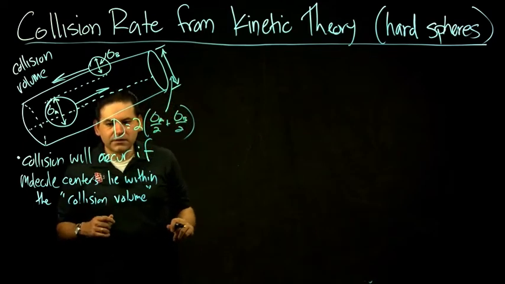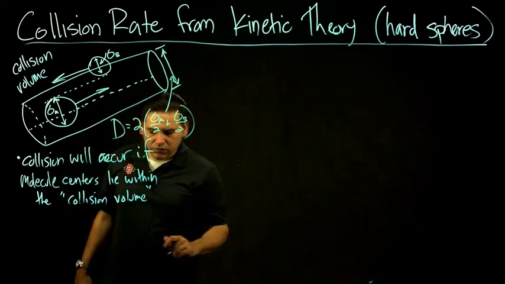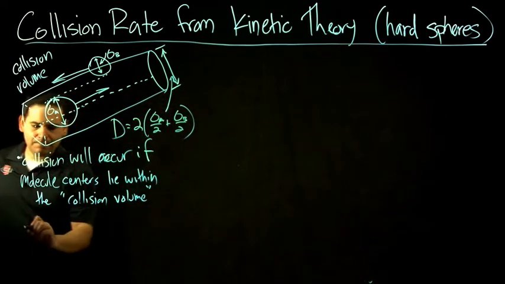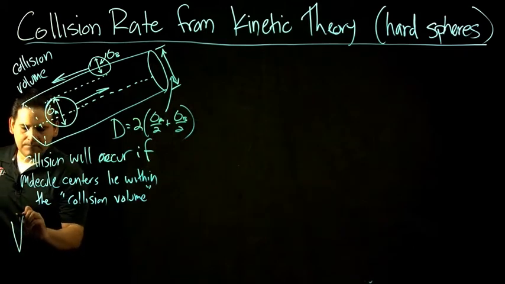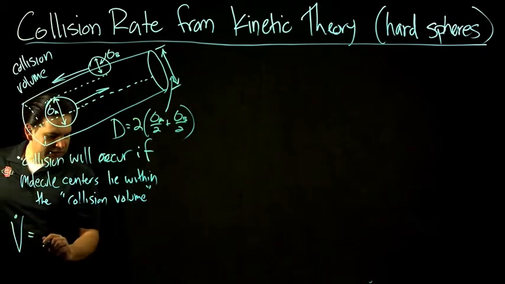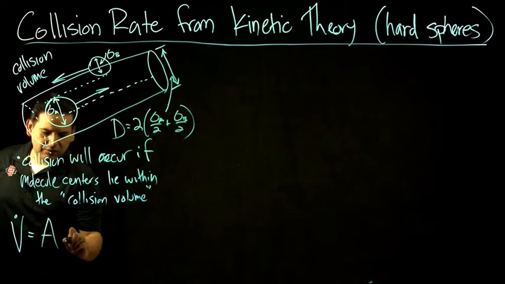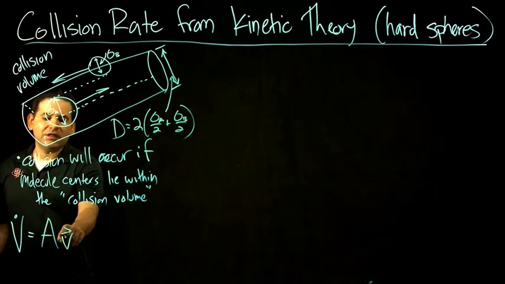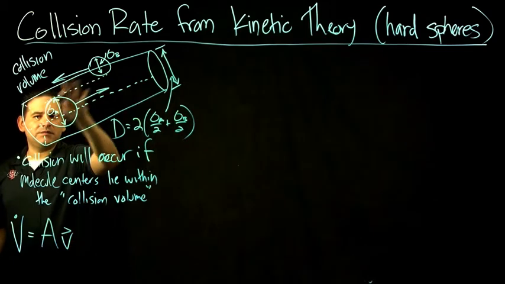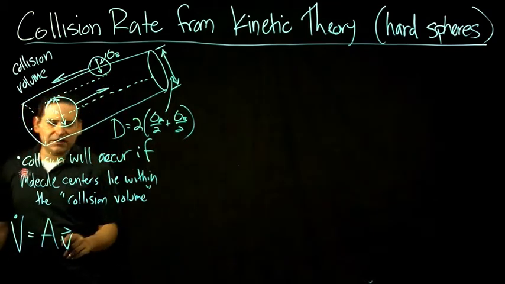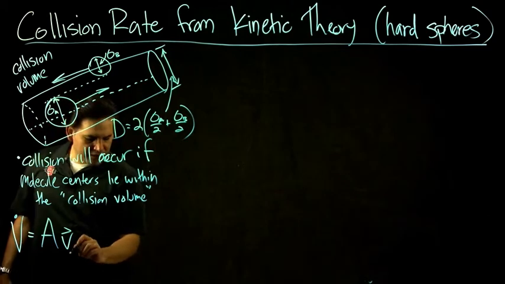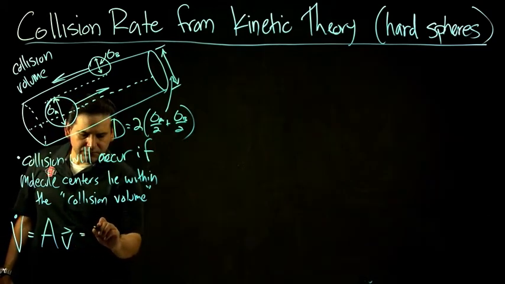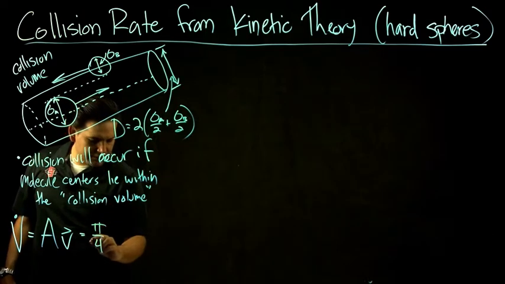Okay. So the volume swept is related to the geometry of this cylinder, of course. The area of this cylinder times the relative velocity would give you the volume swept. The area of the cylinder is known.